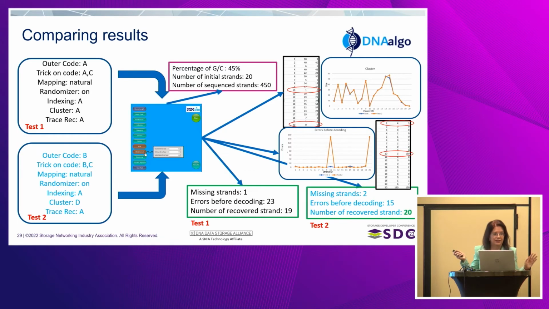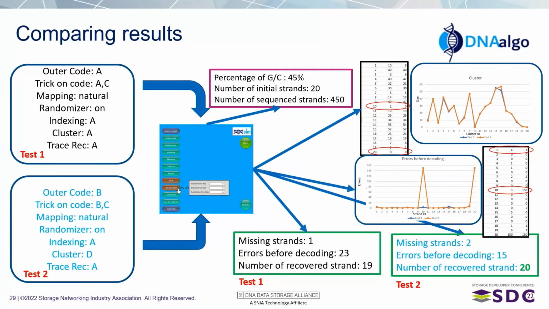This is an example. I want to go into detail with this example because I think it's useful to understand why we think the simulator is needed in this new environment. Basically, suppose that we want to have two tests, test 1 and test 2.